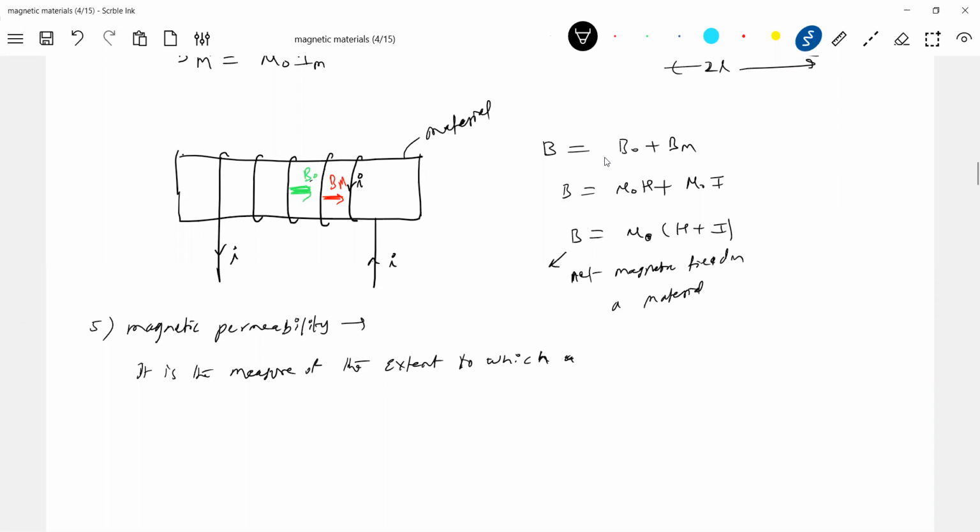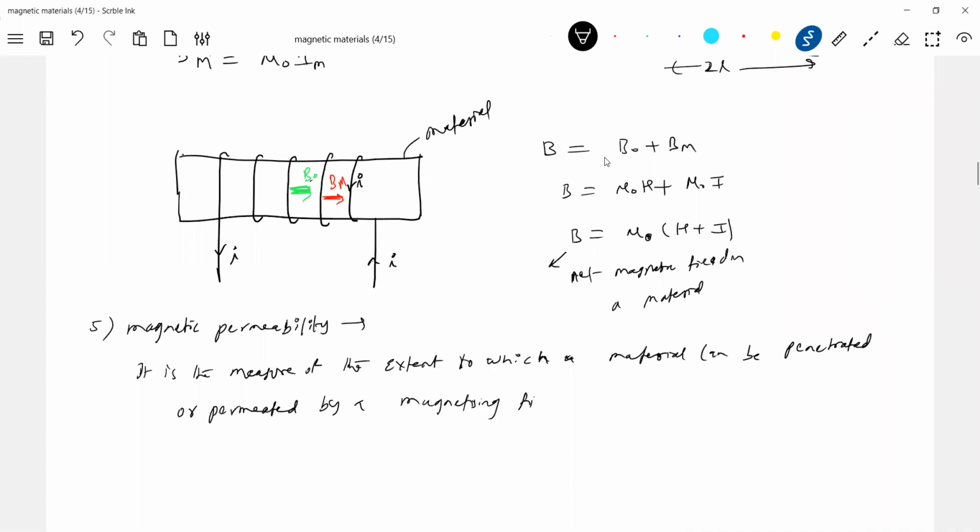It is a measure of the extent to which a material can be penetrated or permeated by a magnetic field, by an external or magnetizing field.